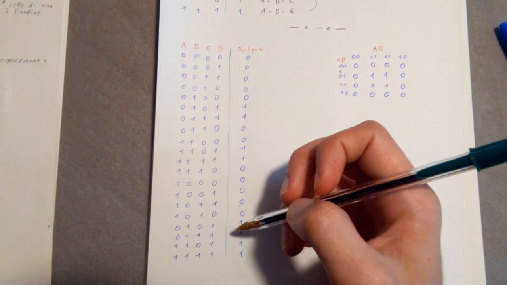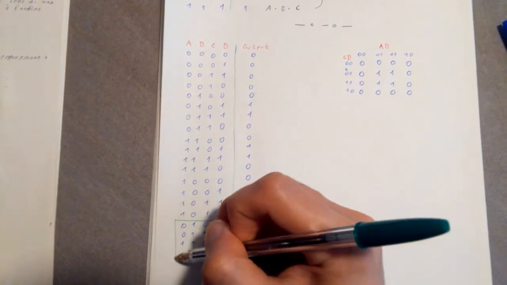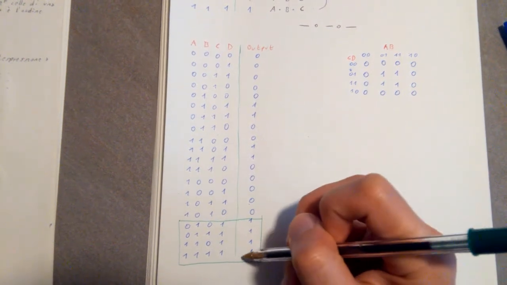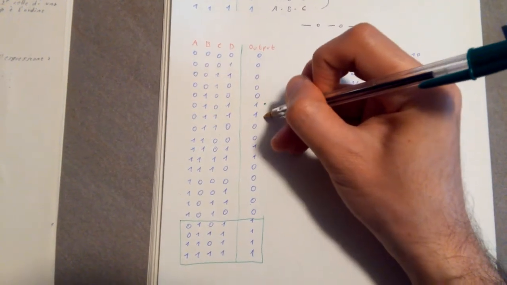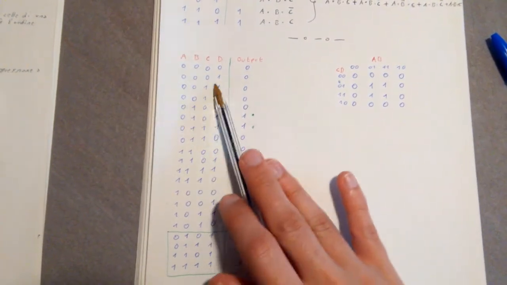So again, we notice that those here are the ones we are actually interested in, which are the only times in which the output is 1, okay? And this is also one of the reasons why I counted in this way.